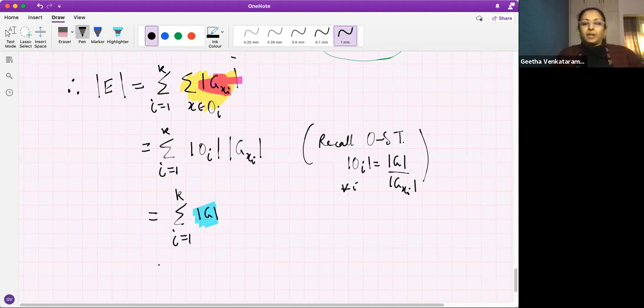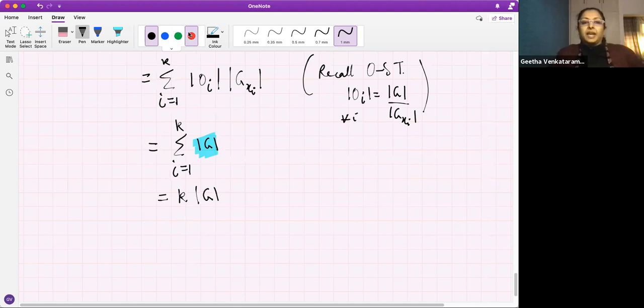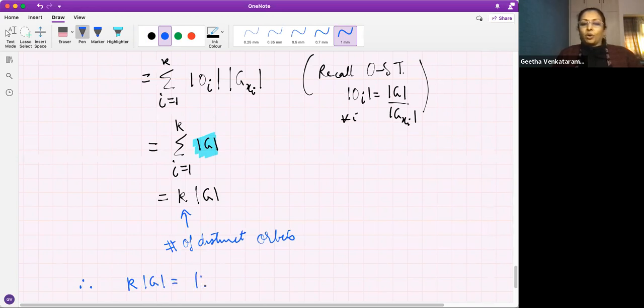So what I'll end up getting is k times order G. But what is this k? This k is nothing but the number of distinct orbits. Therefore, k times order G is equal to order of E, which is the same as the summation g belonging to G of order of fix of g.